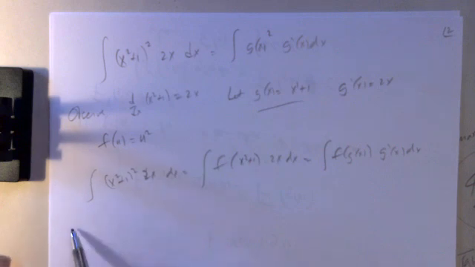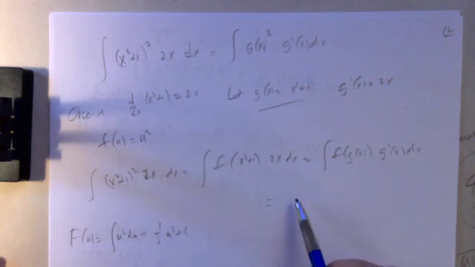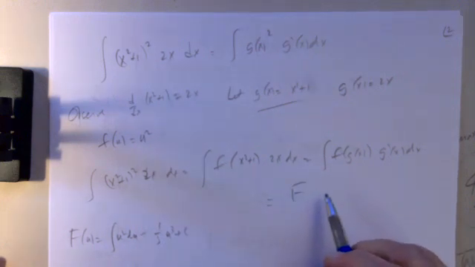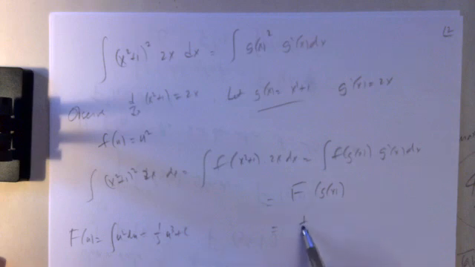And capital F of u is the integral of u squared du, which is a third u cubed plus a constant. So this is equal to capital F of g of x, which is 1/3 g of x cubed plus a constant. That's 1/3 x squared plus 1 cubed plus a constant.